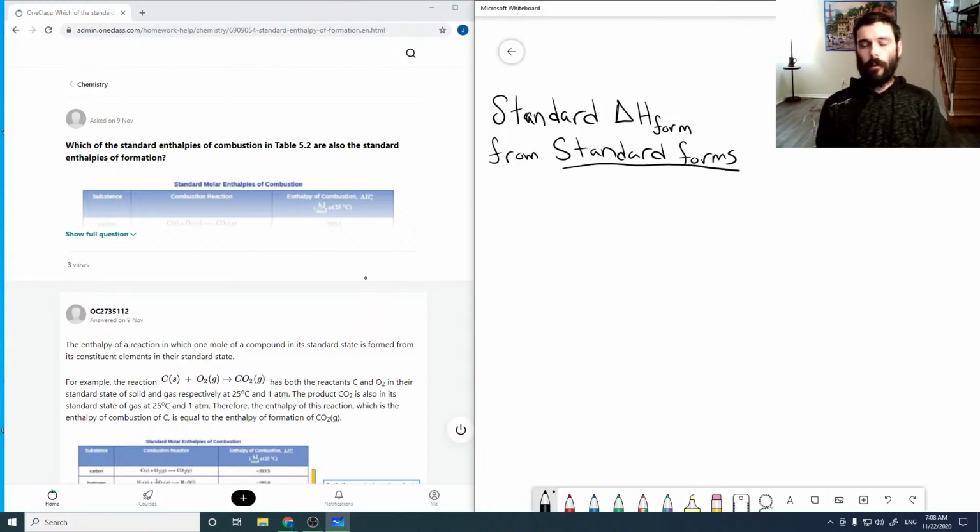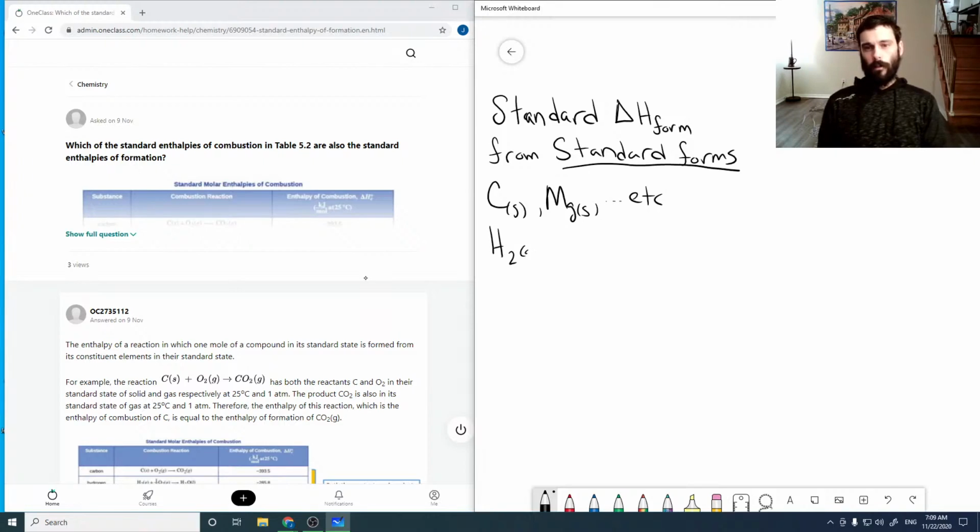So by standard forms, what we mean is, for the most part, it's going to be like carbon solid, magnesium solid, etc. The only ones that you really need to remember are the diatomic gases.